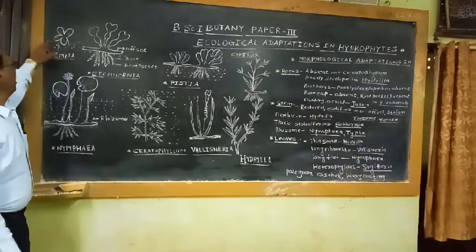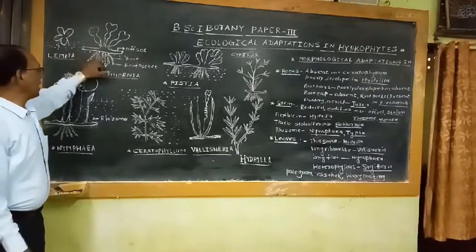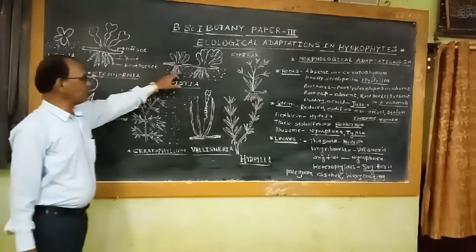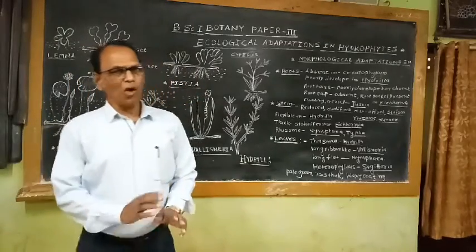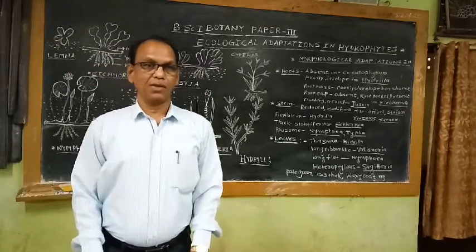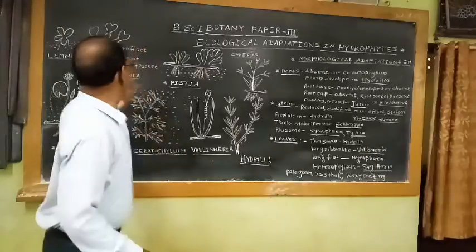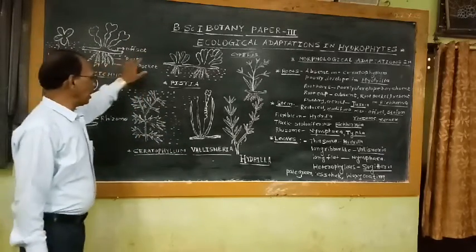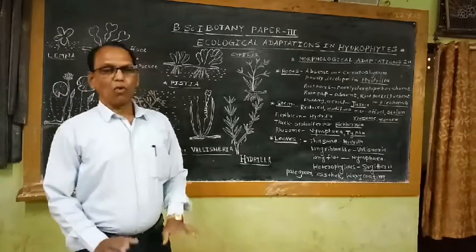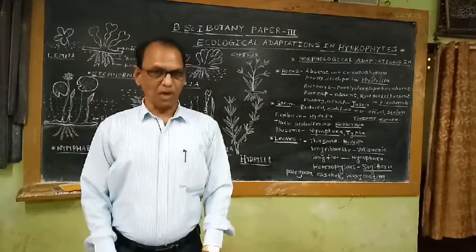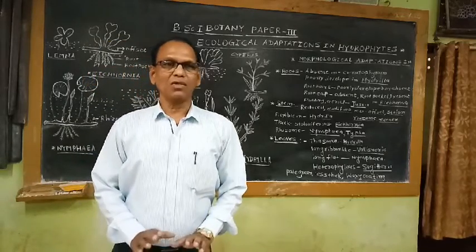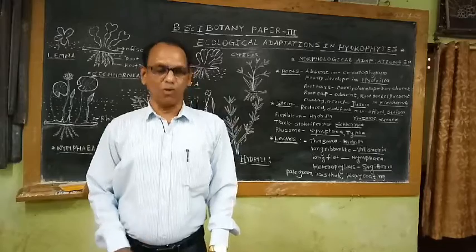For example, Lemna, Eichhornia, Pistia. There is a long list of these free-floating hydrophytes, and all these plants grow on the surface of water bodies. That's why they are commonly known as floating hydrophytes.